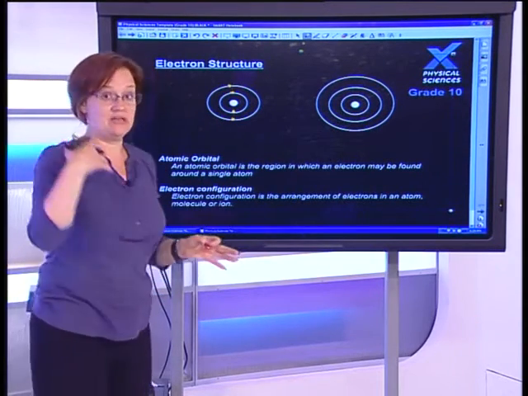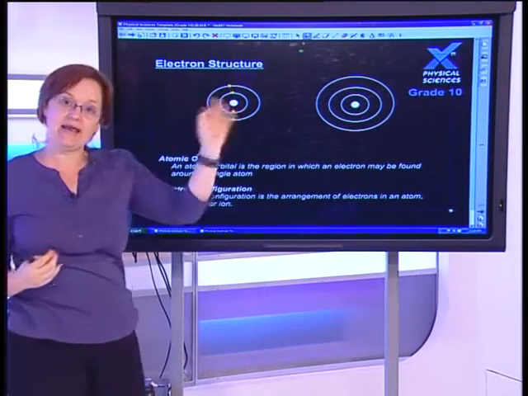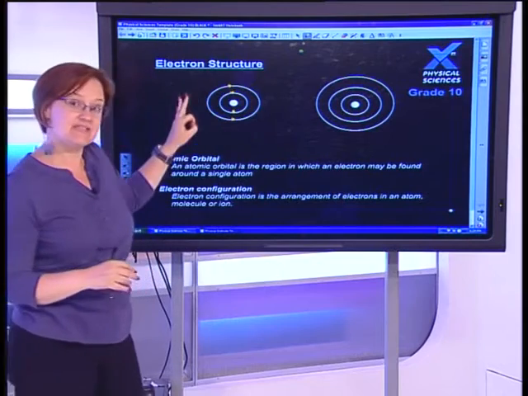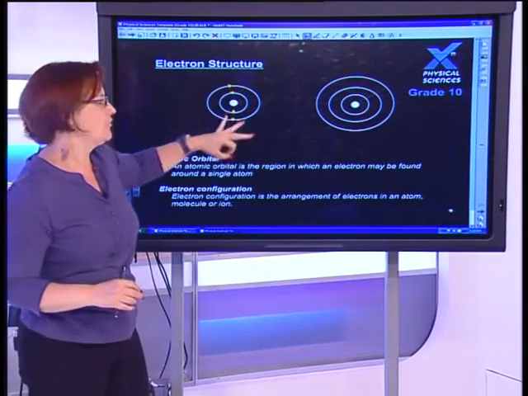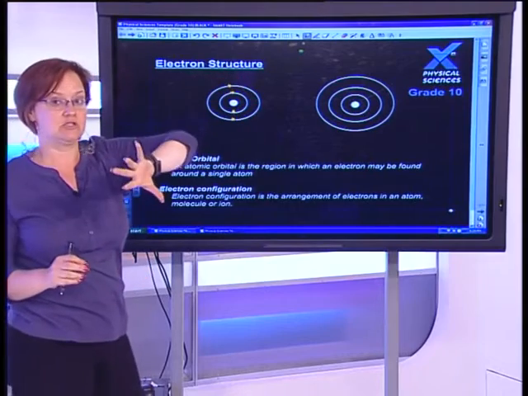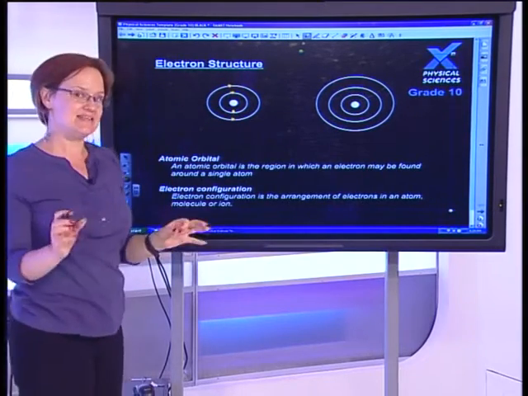And instead of just drawing another circle, making another energy level, scientists realized that we can just add more electrons into here because there's still space for these electrons to share. In fact, if we go to oxygen, which is group 6, it has 8 electrons.